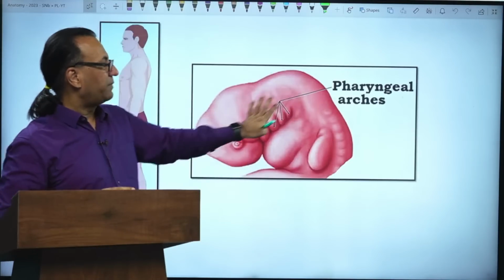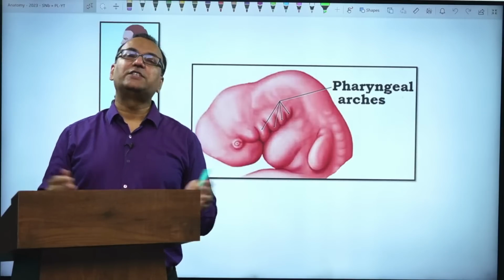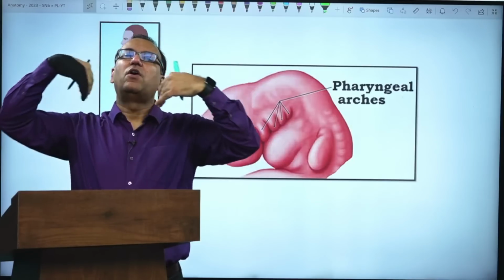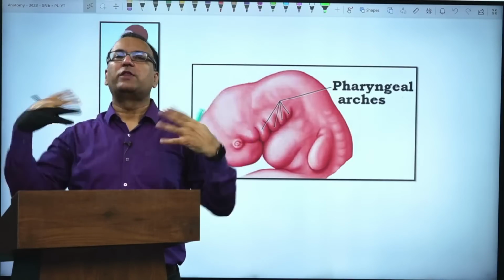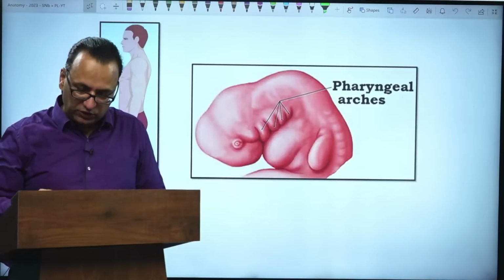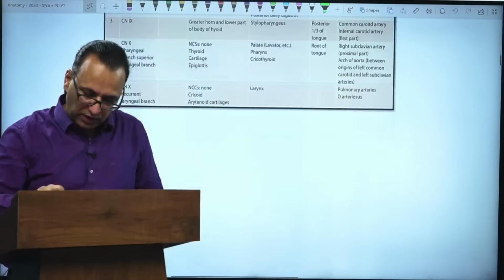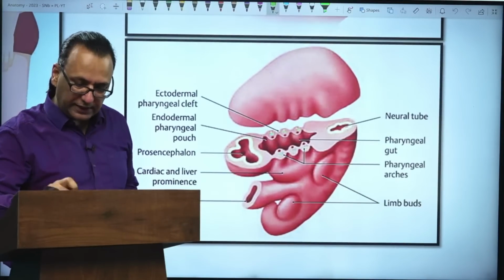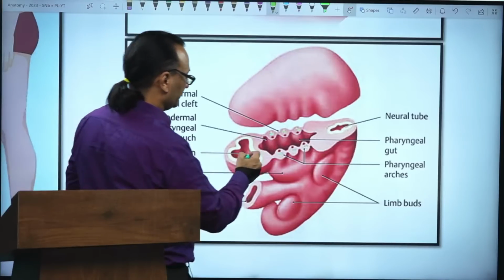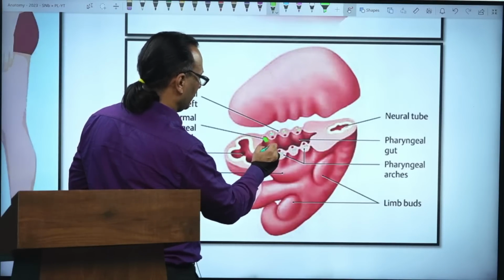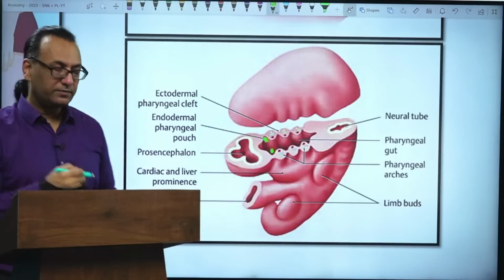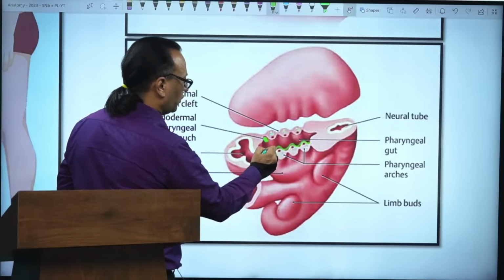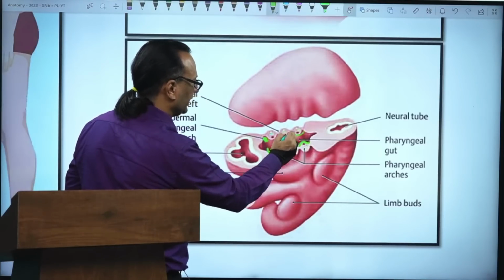They will be lined on the outside by ectoderm, like skin, and on the inside by endoderm of the pharynx, and between the two there will be mesoderm. If you take a section, you will understand the details. As you take the section, you can see that this is the pharynx on the inside, so endoderm, and there will be some pharyngeal pouches developing, lined by endoderm on the inside.